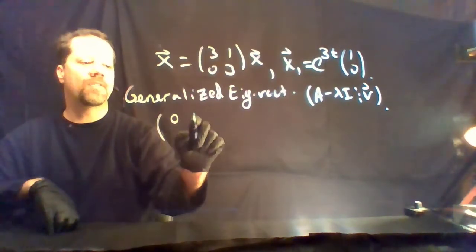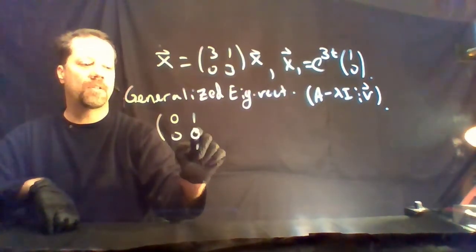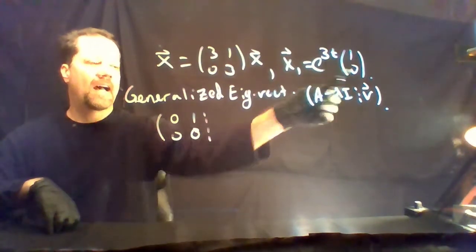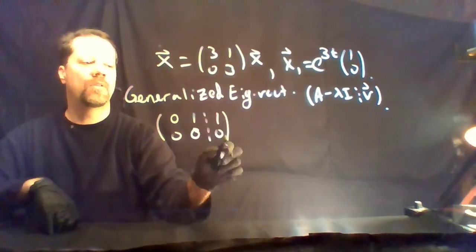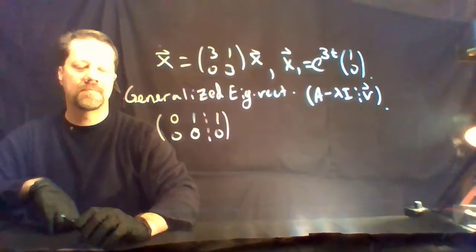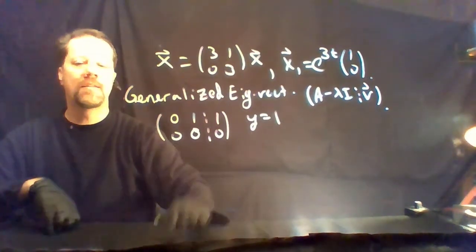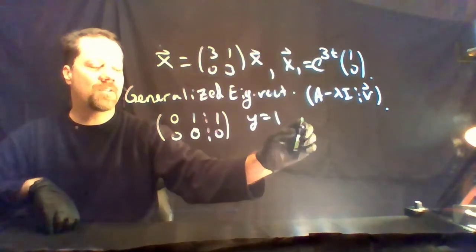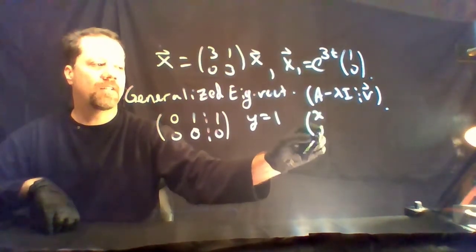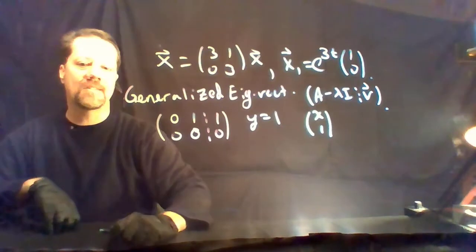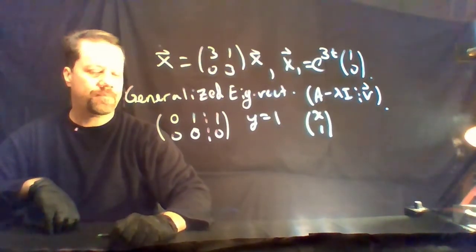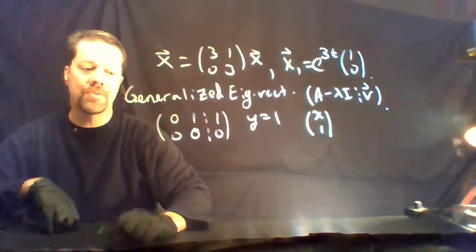That gives us the matrix (0, 1; 0, 0), and the eigenvector (1, 0) on the right-hand side. You can see that this gives us the equation y equals 1 with x completely unconstrained. So our generalized eigenvectors are going to look like this, (x, 1), where x can be any number that you choose.